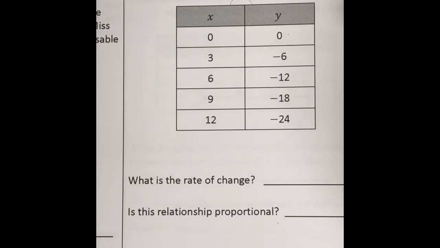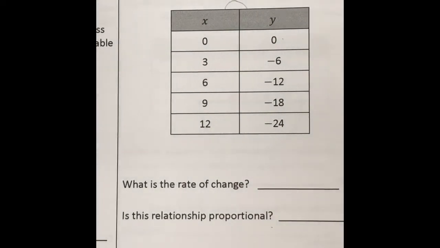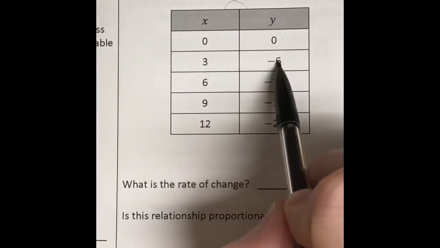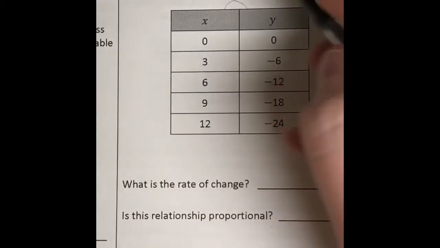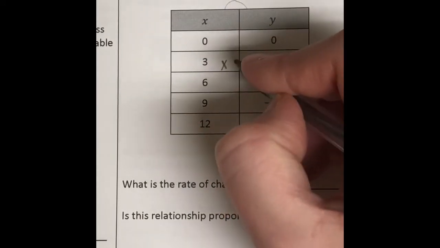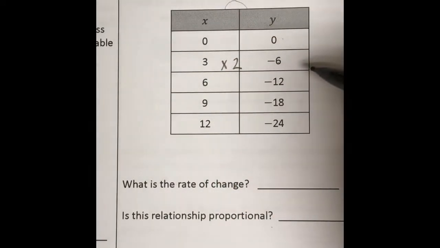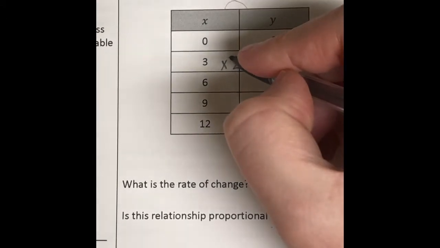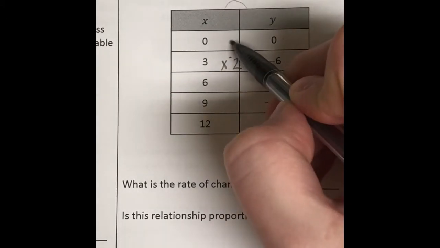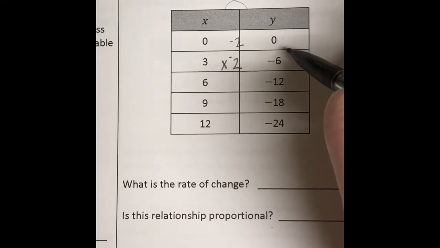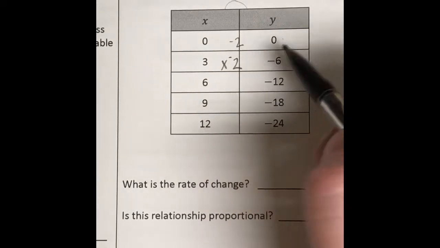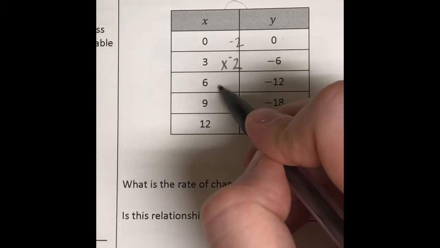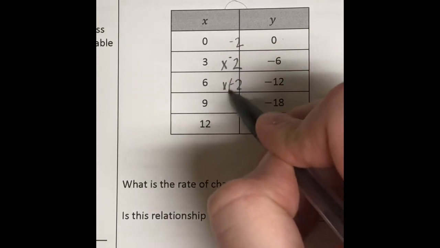One way to look at this is to see, okay, how does 3 become 6? 3 becomes 6 by doing times 2, but it's going to be a negative number. Is 0 times negative 2 0? Yes. So by that standard, I should be able to do 6 times negative 2.